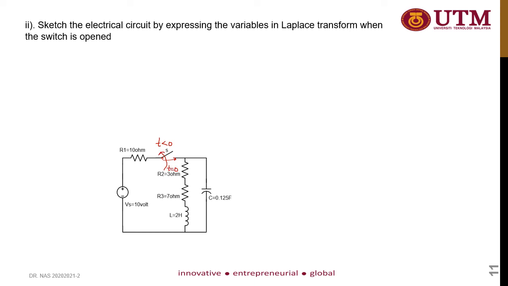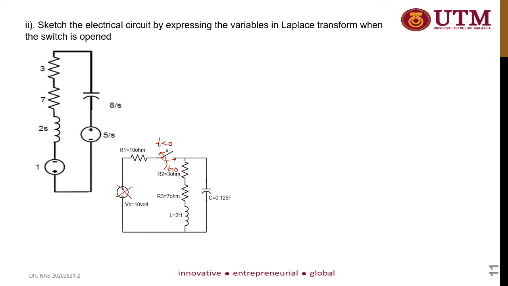Okay, so there's already energy stored inside the inductor and the capacitor due to the initial state at t less than 0. So now at t equal to 0, the switch is open. So there's no more source, and the circuit can be simplified as this.